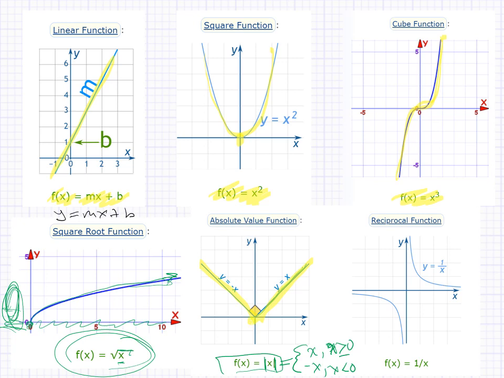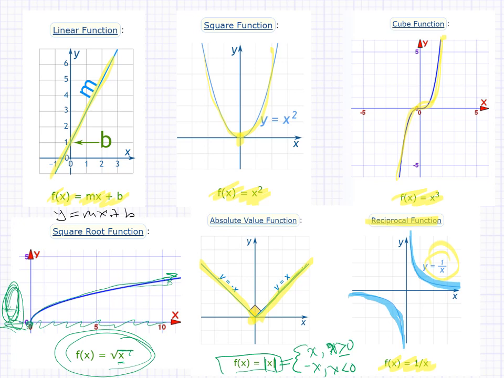And then there is finally the reciprocal function, 1 over x. f of x equals 1 over x is that function. And this is what we call a hyperbola, where we have these two catty-corner curves, this curve right here and this curve right here, representing our function. Notice it's the only one that's defined in multiple pieces.